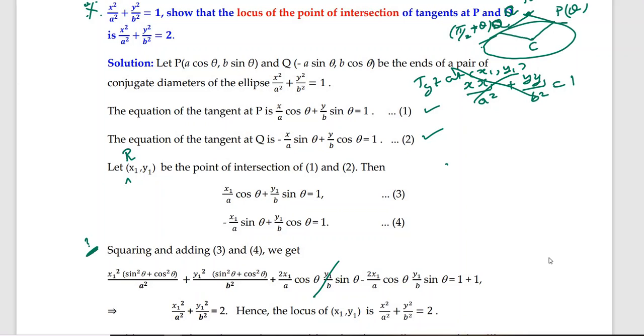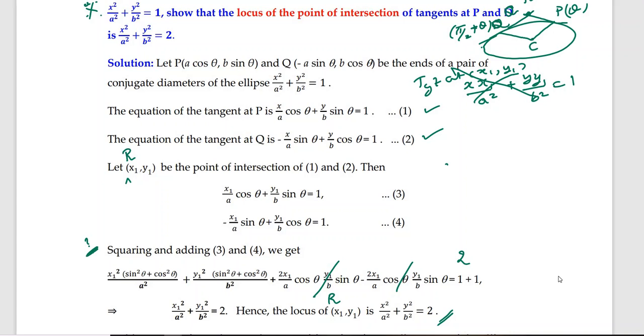So the cross terms will go off, and this being 1, we have x1 square by a square plus y1 square by b square equal to 2. So we want to know the locus of R of x1, y1, and that is nothing but this. So the locus will be again a concentric ellipse.